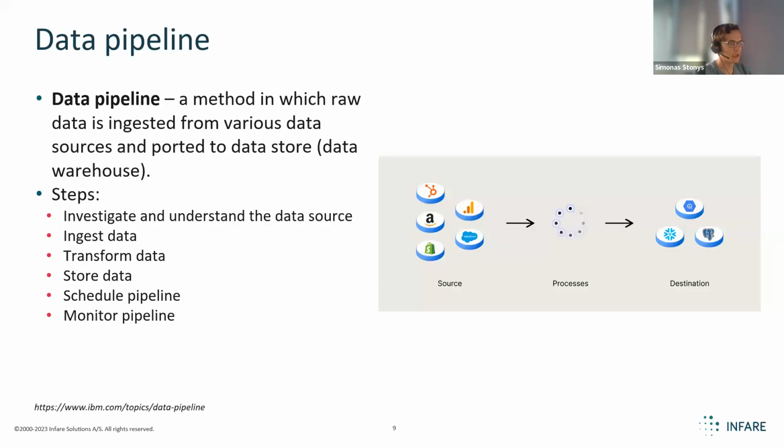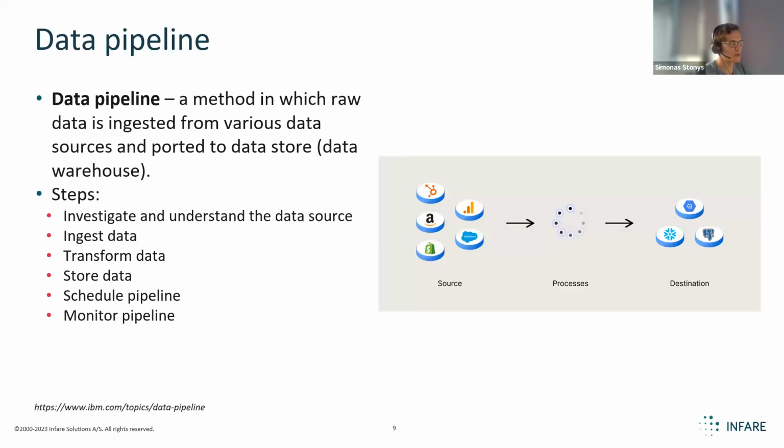For example, our Amazon account where we are selling some products, or another data source could be our finance database, like, I think in some cases Salesforce is used for that, or that could be some Excel files that our colleagues provide manually. So a data pipeline can plug into any data source, extract the data, do some transformations, and send that data to any kind of destination.